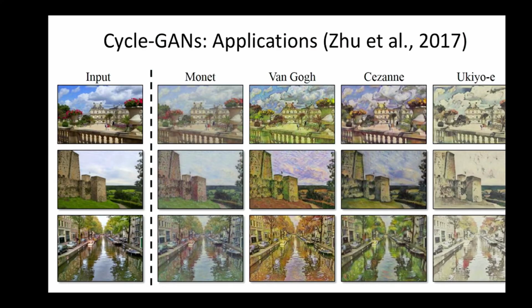Given a picture, I can show it examples of different types of artist styles, different painting styles, and then generate images which have a certain style based on existing data. So you're taking a picture and applying a certain style or type of transformation that gives a certain property.